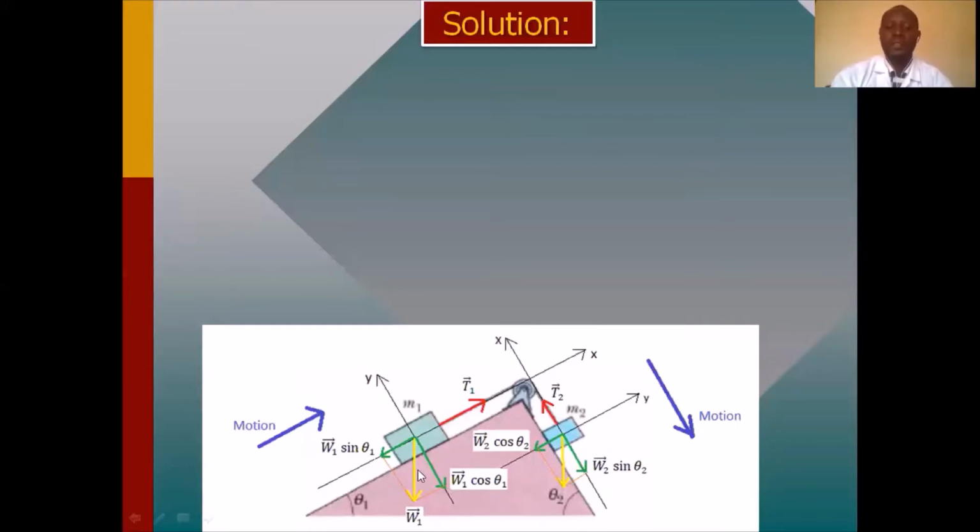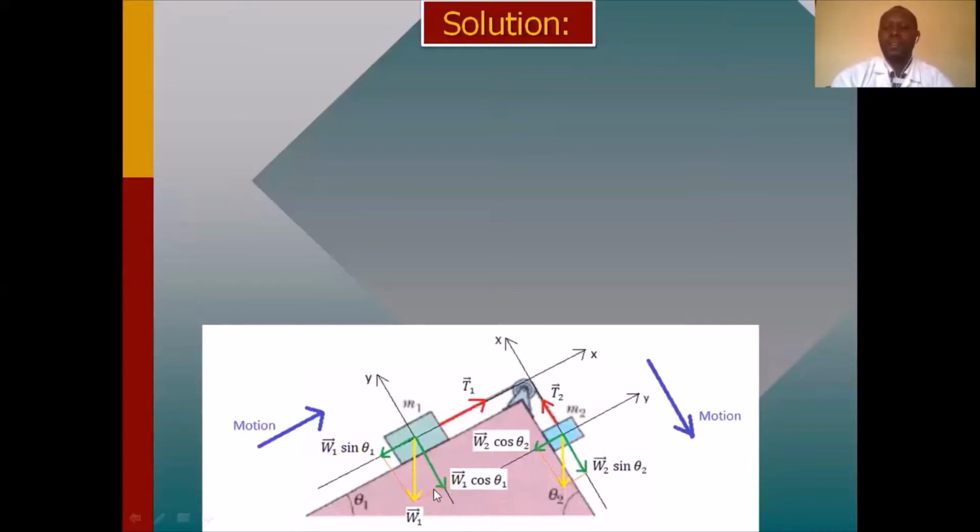And this angle between the y-axis and vertical or weight will help us to find the component of the weight. So the one component of the weight is weight 1 cosine theta 1. It is obtained by projecting the weight 1 on the y-axis.